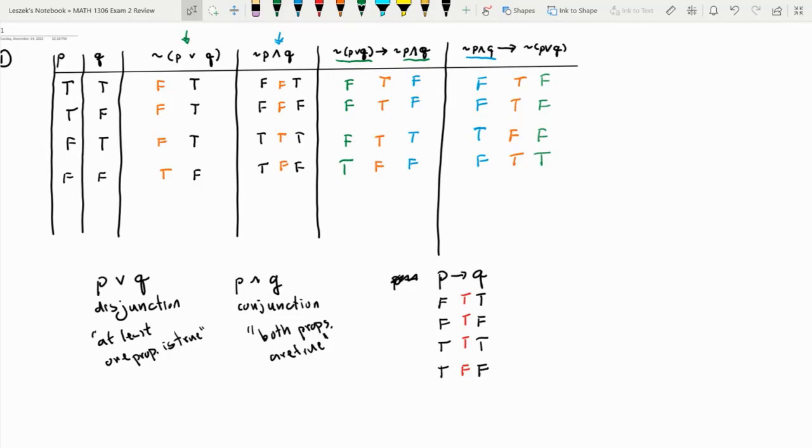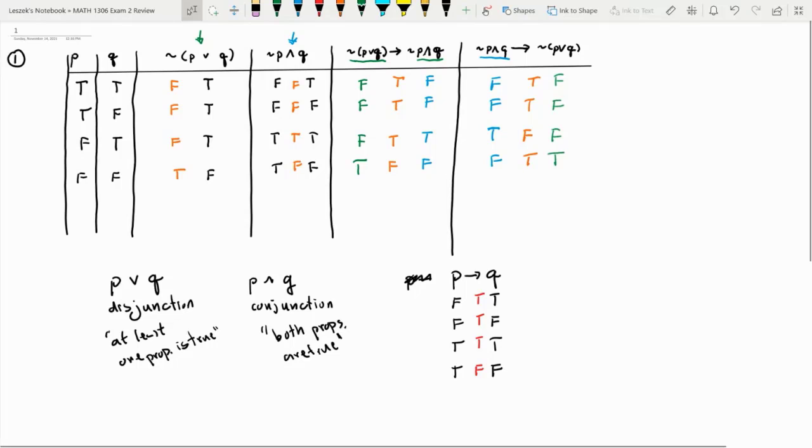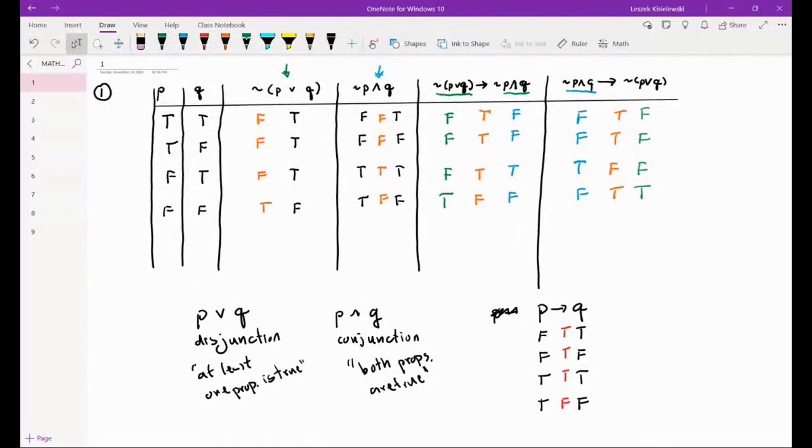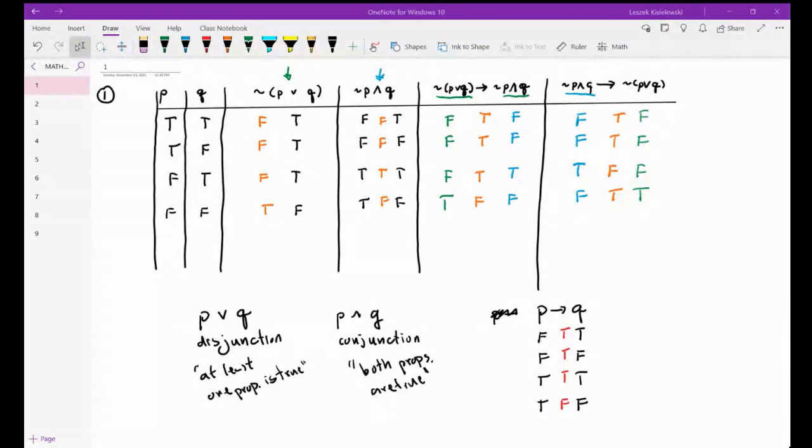Okay. Any issues with constructing truth tables? No, I think I'm okay with truth tables. Okay.